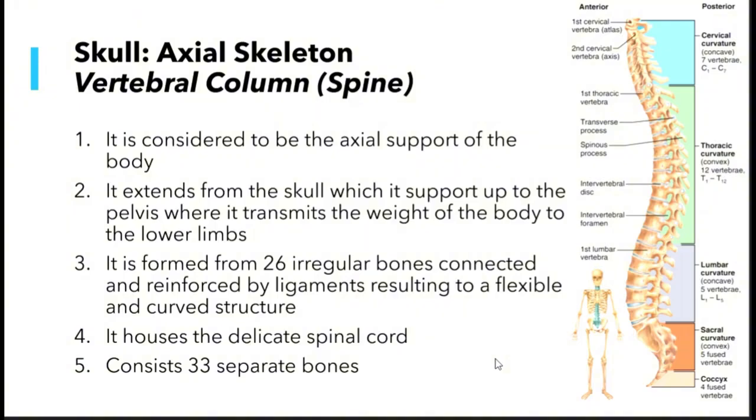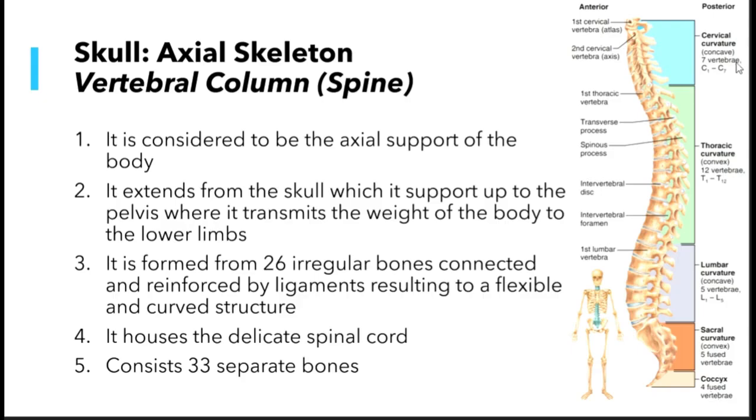Okay, let's have the vertebral column or the spine. So for easy recall of the number of vertebrae per curvature or per region, we have the regions cervical, thoracic, lumbar, and then we have the sacral and coccyx.